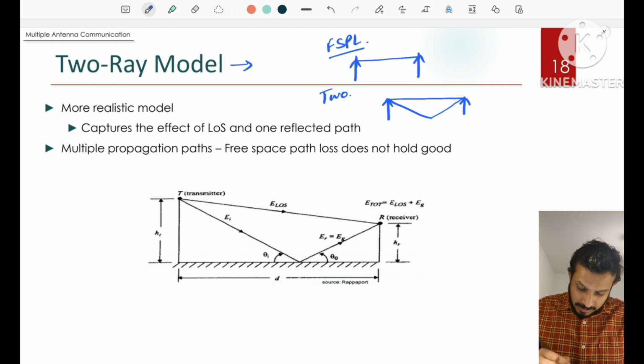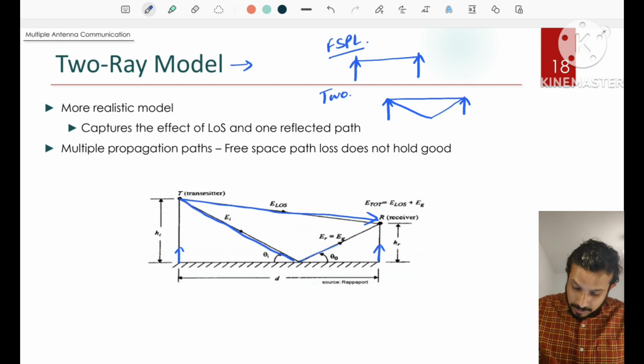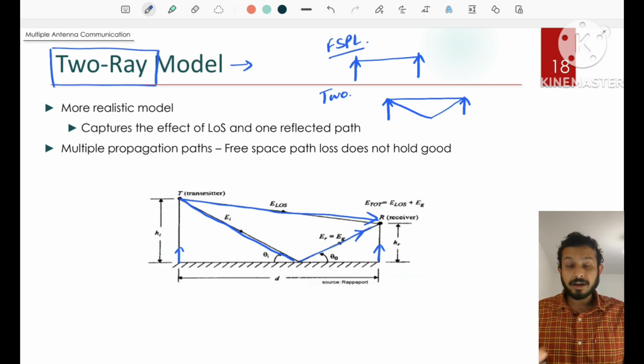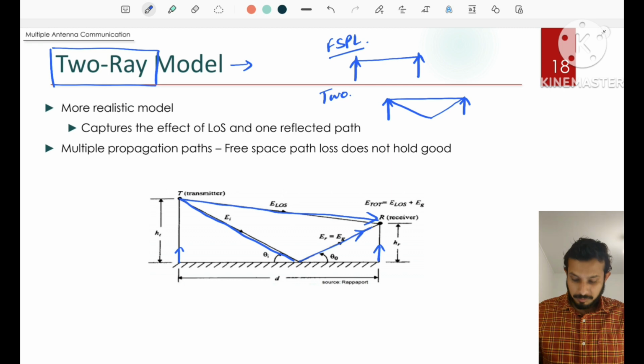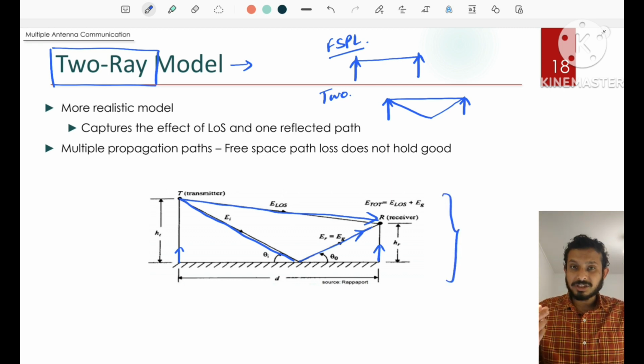So if this is the transmitter and this is the receiver, there is one line of sight ray and there is one reflected ray. Therefore, this is the two-ray model because we are only considering two rays. In reality, there can be many more reflected rays, but this gives us some indication about the received signal strength.